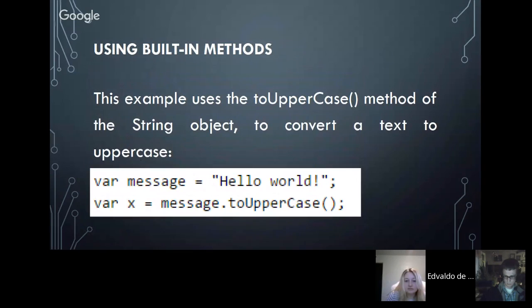This example uses the toUpperCase method of the string object to convert a text to uppercase. For my other class, we are using this toUpperCase a lot because we have a lot of conditions when the user can enter a letter.